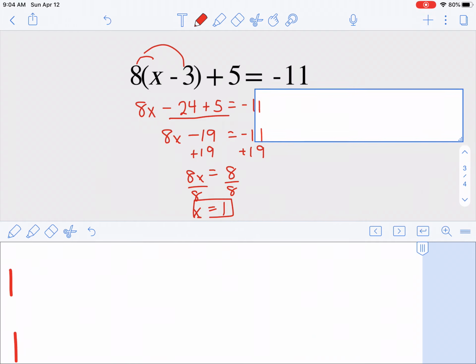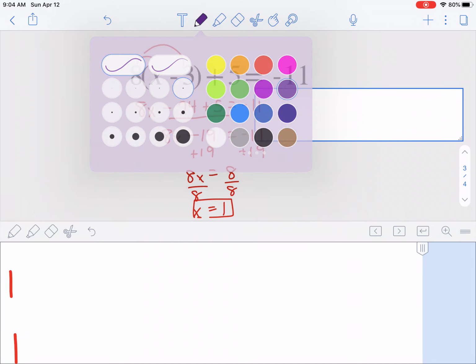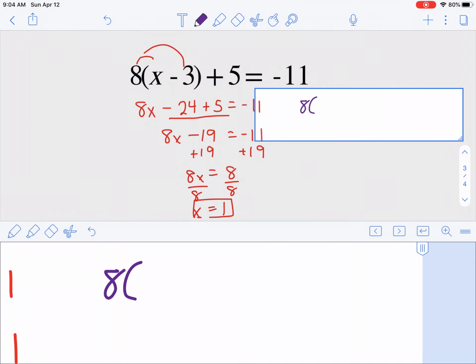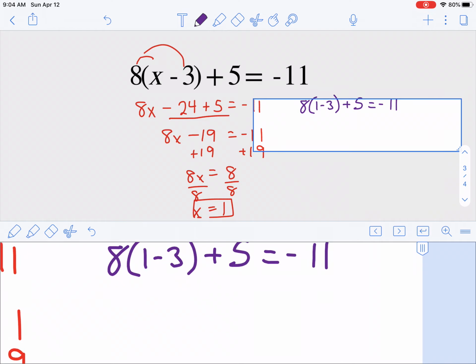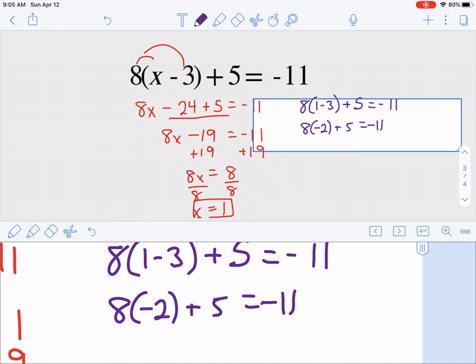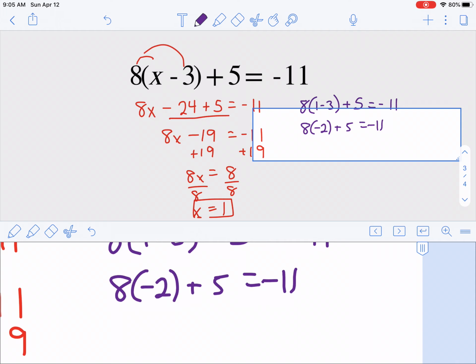And check our answer. 8 times 1 minus 3 plus 5 equals negative 11. 1 minus 3 is negative 2. 8 times negative 2 is negative 16 plus 5 equals negative 11, so that checks.